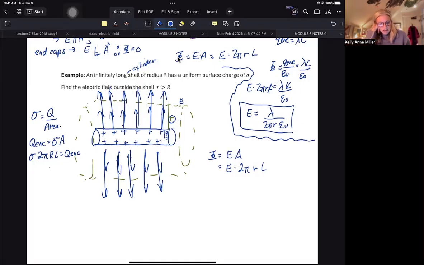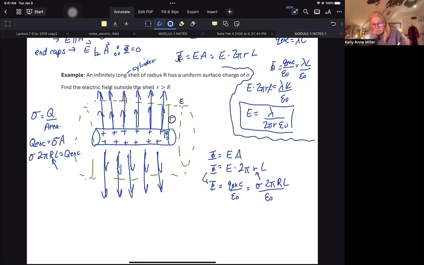That's why we use capital R when figuring out how much charge is on the cylinder, and lowercase r here because that corresponds to our Gaussian surface. The other expression for flux is Q enclosed over epsilon naught. We've already worked out that Q enclosed is sigma times 2 pi capital R times L, all over epsilon naught.